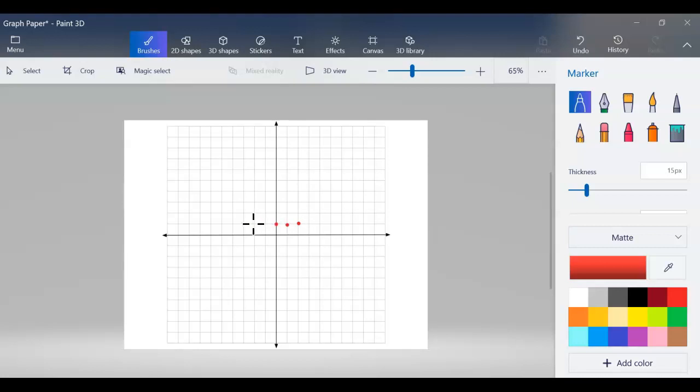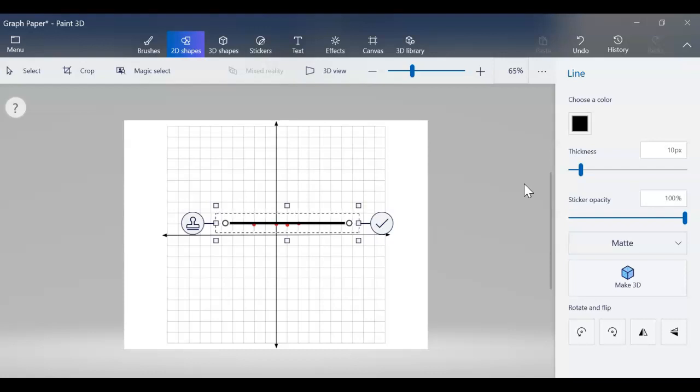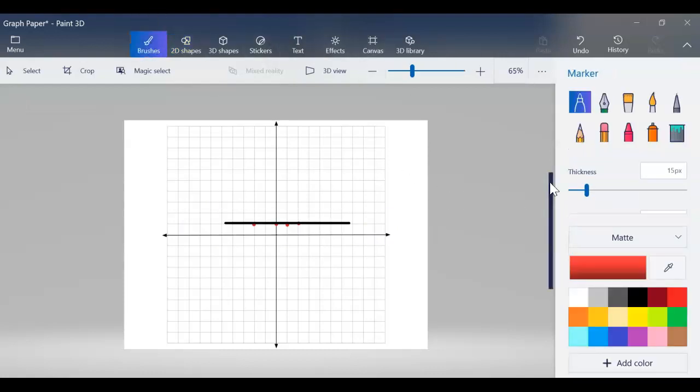Notice that I'm getting horizontal. These points are forming a horizontal line. I didn't do it perfectly because I was trying to do it quickly, but I'm getting a horizontal line, and the y values for every point are 1. Okay, so my line looks like that.